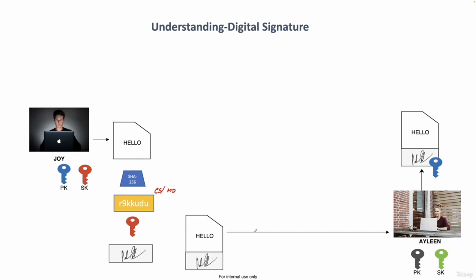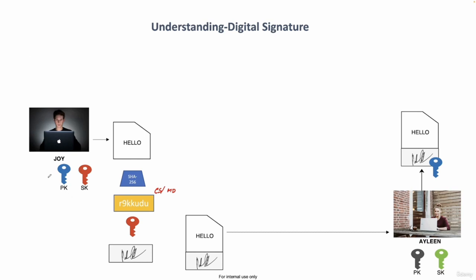So what Aileen does, because this message digest was encrypted using Joy's private key, there is only one key in the whole world which can decrypt it. Any guesses? Yes, it is Joy's own public key.